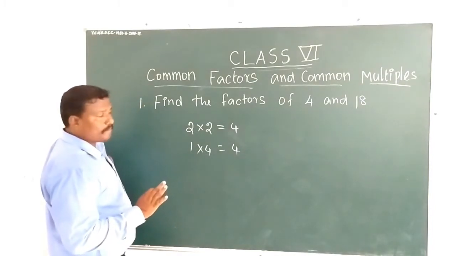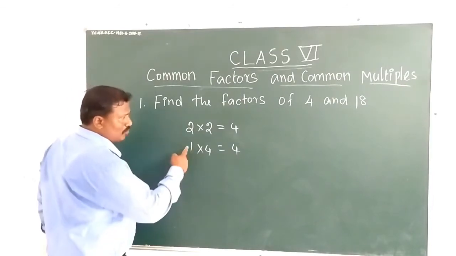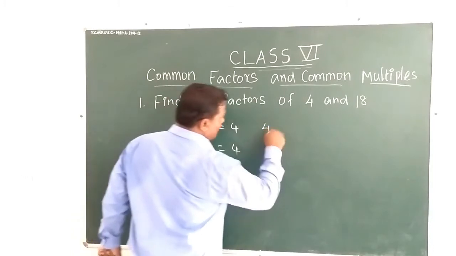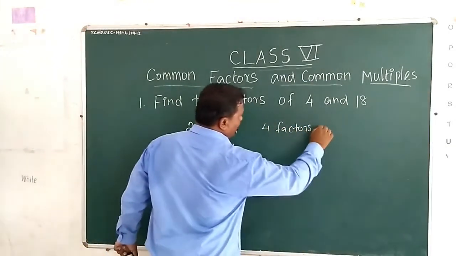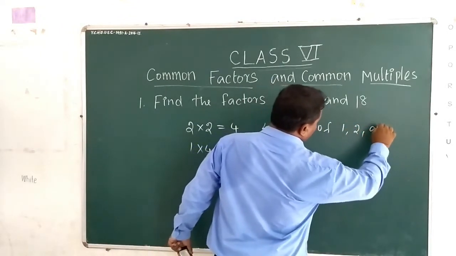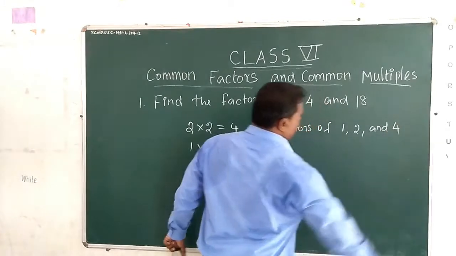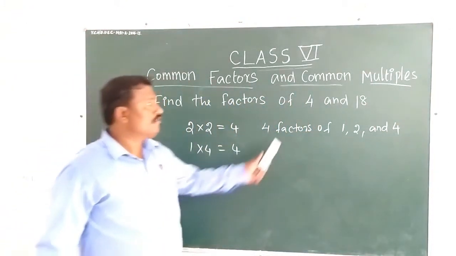This much only, so only 2 ways. So the factors of 4 are 1, 2 and 4. Totally 3 factors are there in 4.